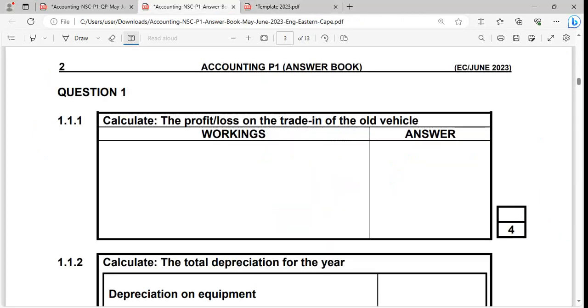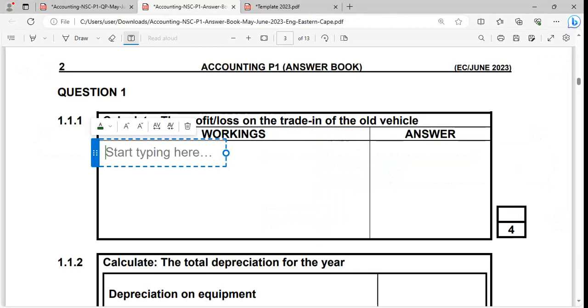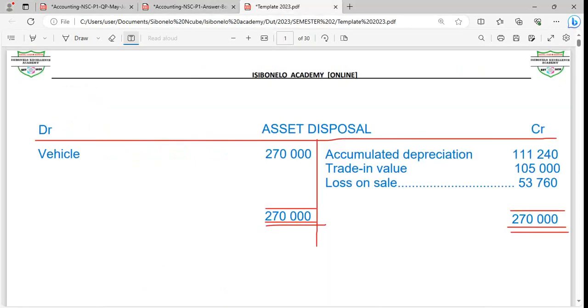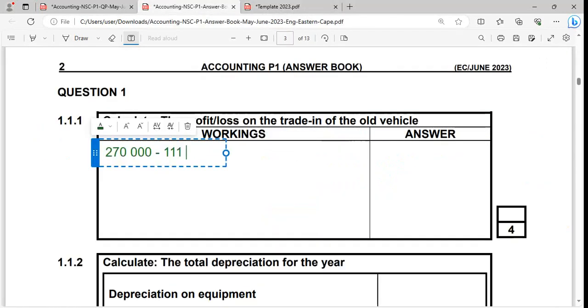So that is what we are going to show in our workings. In the workings we say 270,111 240 minus 105,000, and then the answer is 53,760.